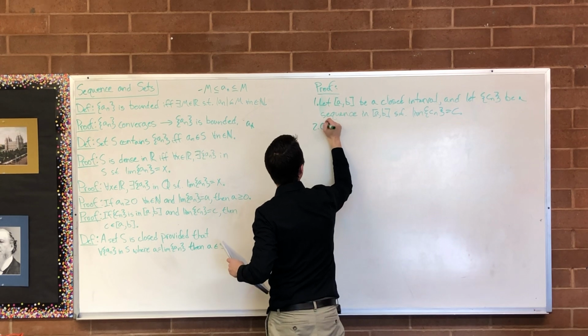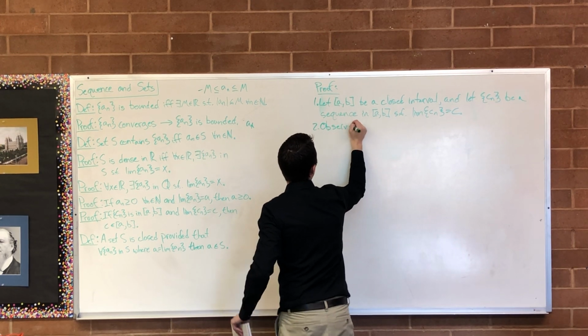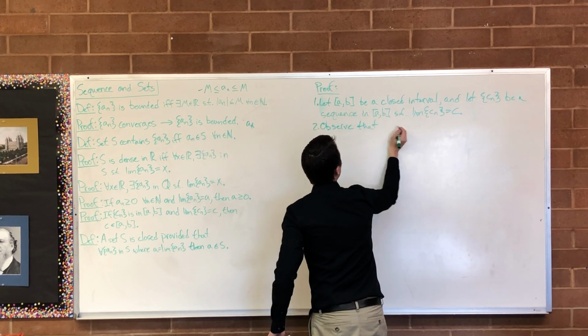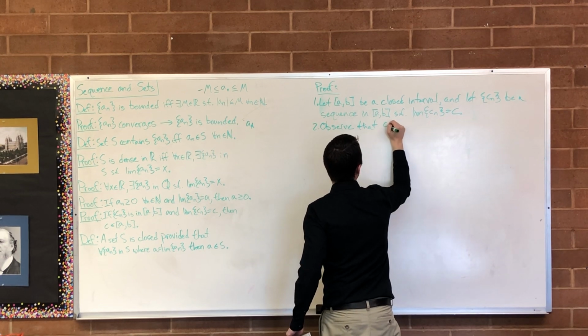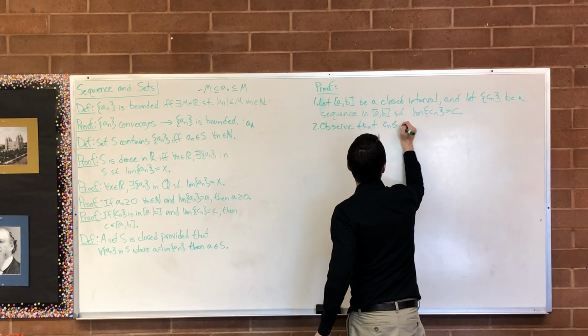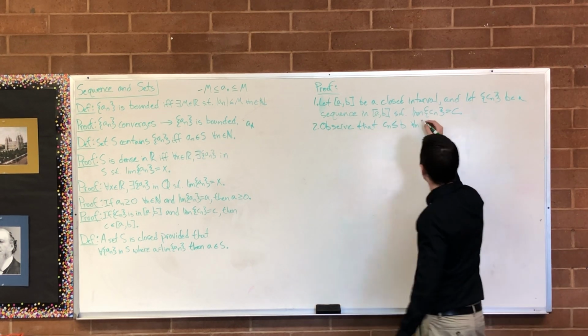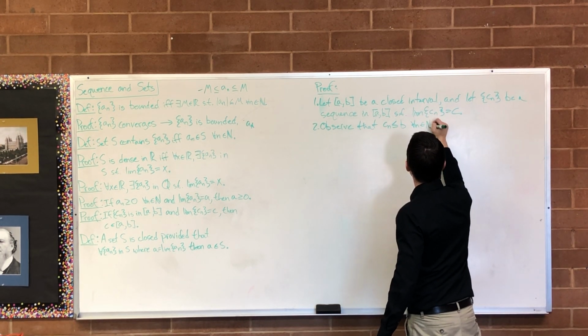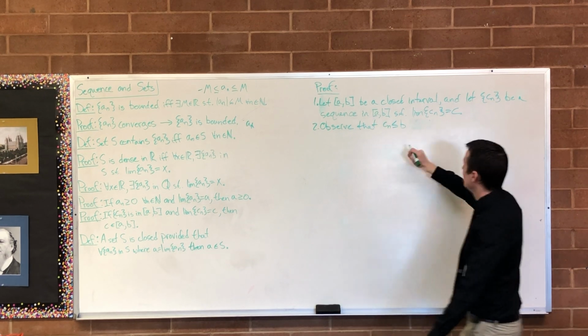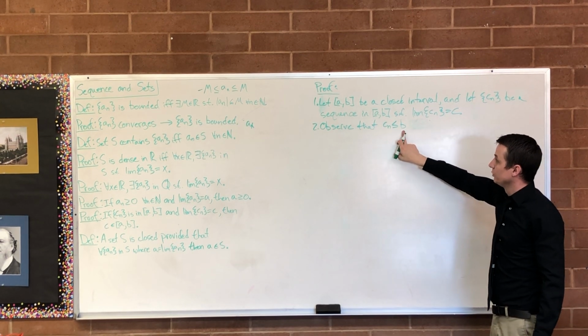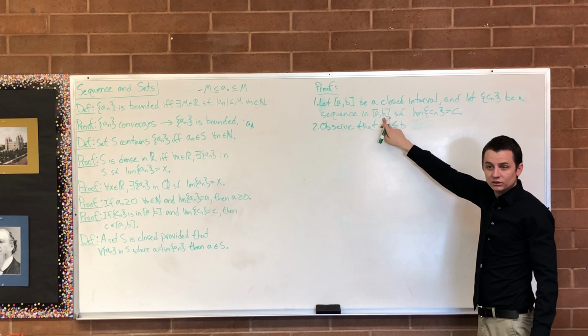So I say, observe that Cn is less than or equal to B for all n. Cn is always less than or equal to B, right? Because it's in the sequence.